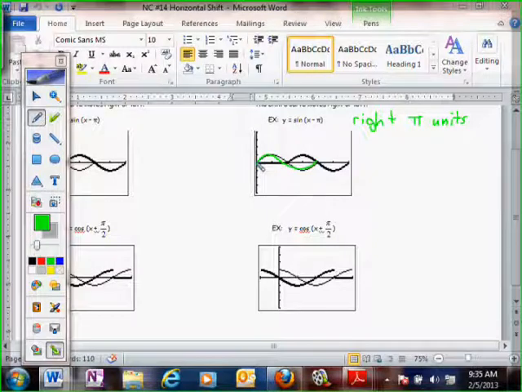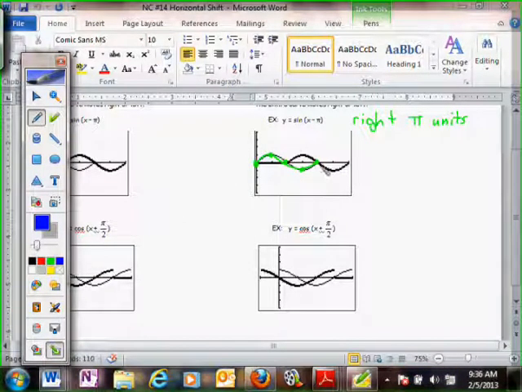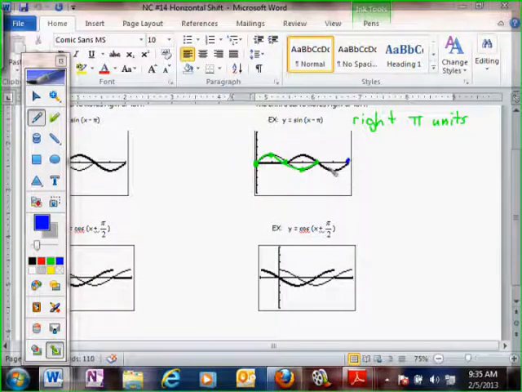But I'm still looking at every critical point. And I just want to move it right pi units. So I take this value, and I want to move it right pi units. So this point goes to here. This point goes to here, pi units. This point goes to here, pi units. This point goes to here, pi units.